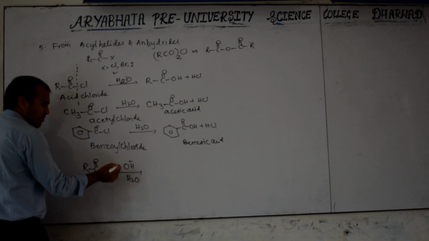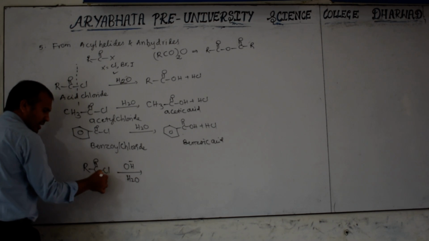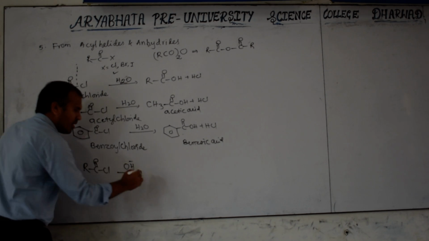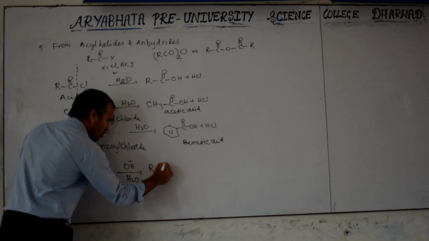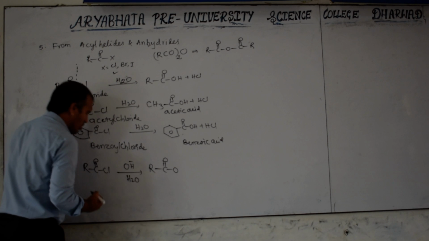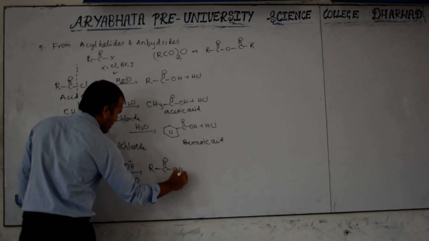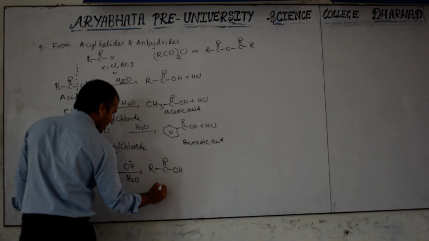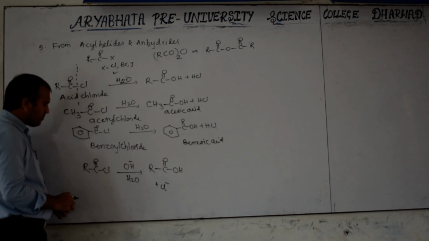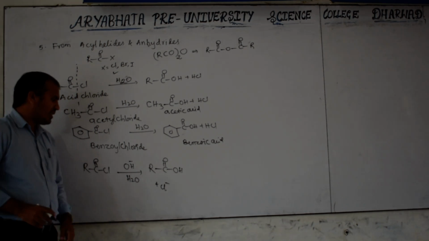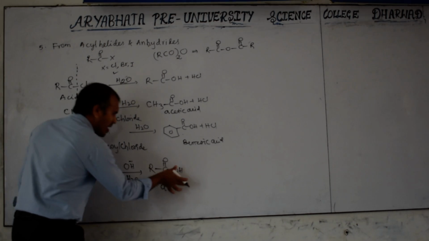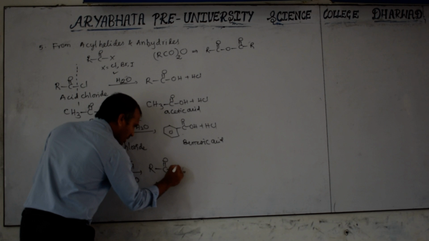Carefully observe. Now OH minus attacks and Cl minus is eliminated. Then what do you get here? C double bond O, OH and Cl minus. But the base takes this proton and it is converted to the carboxylate form, which is negative.